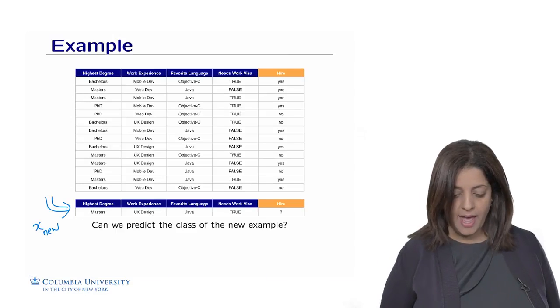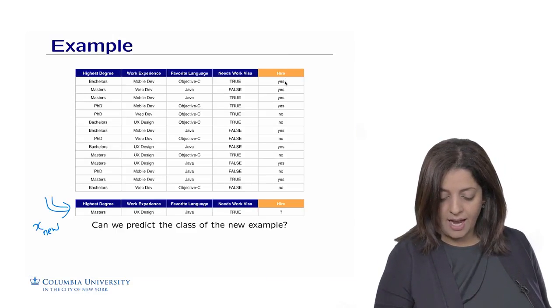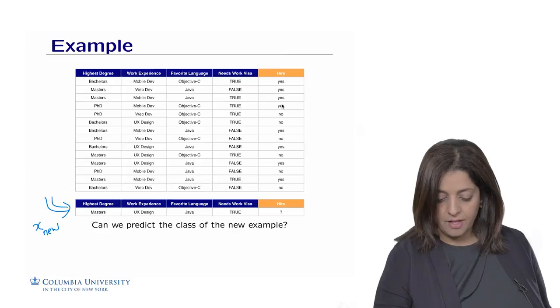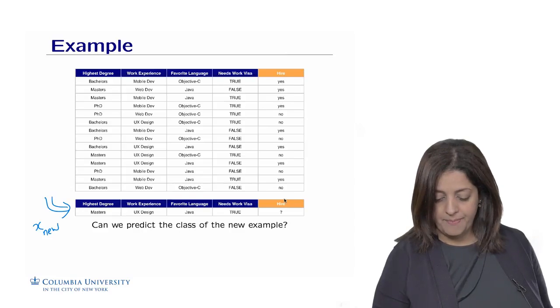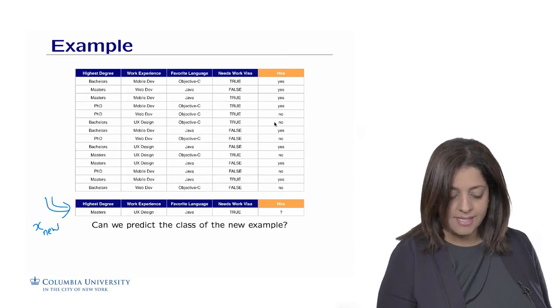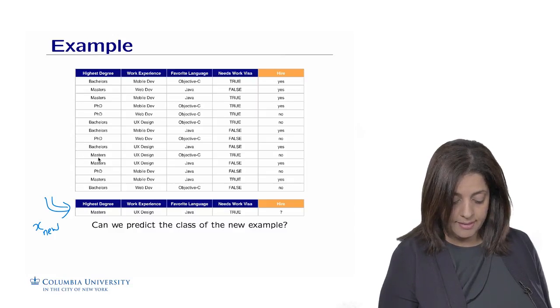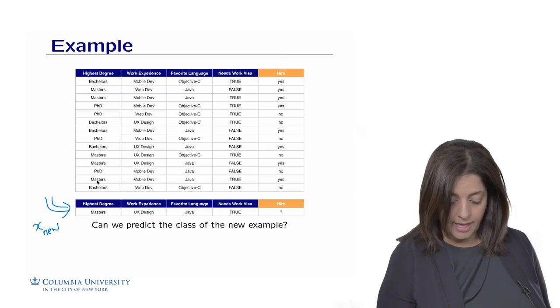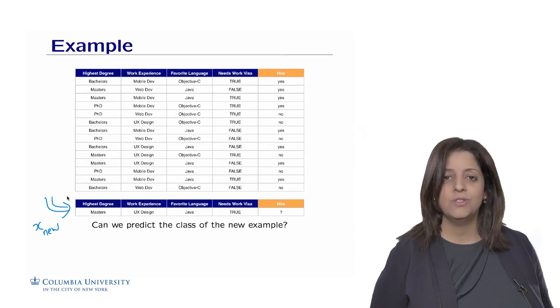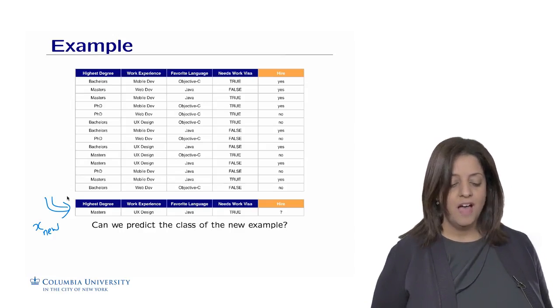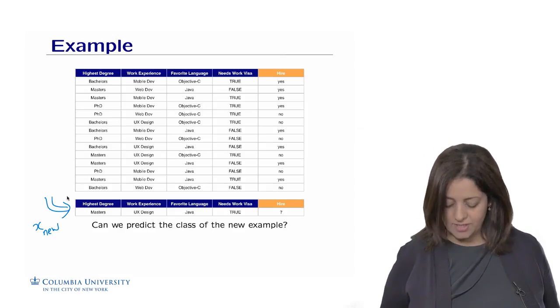If you focus only on hires equal to yes, you have 8 hires, and among these 8 hires, we have 1, 2, 3 and 4 masters. So this is the conditional probability of having masters given that the applicant was hired.